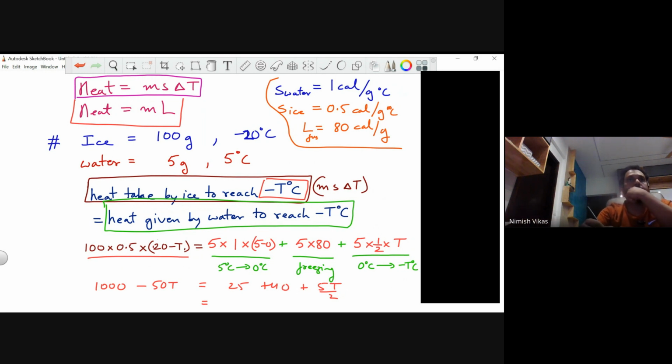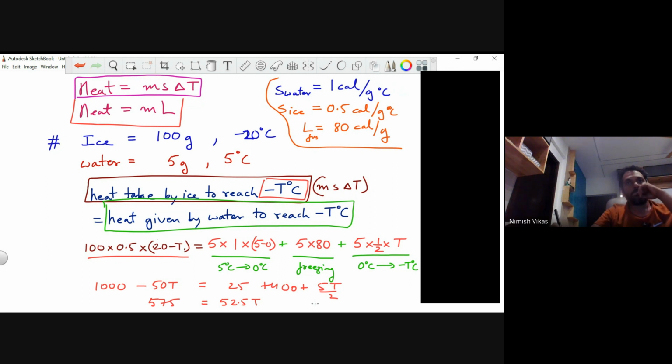So what's the calculation? You have 52.5 T on one side. If this goes on the other side, what is it? 575.